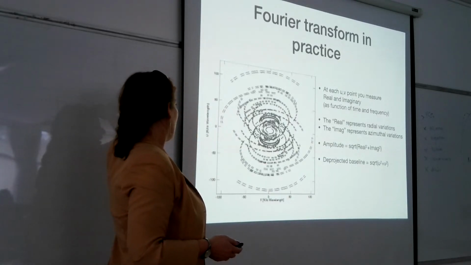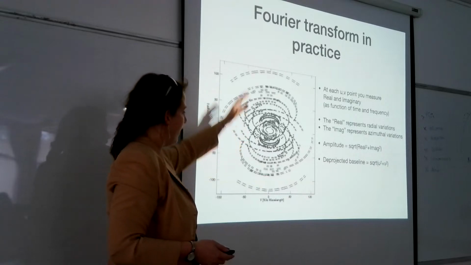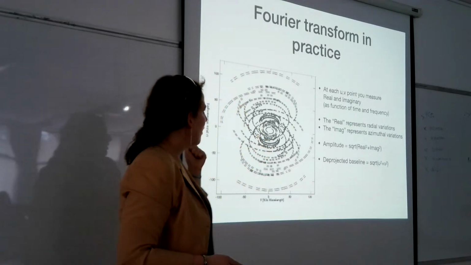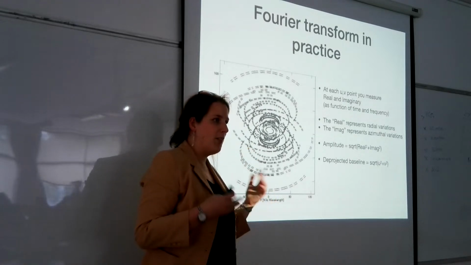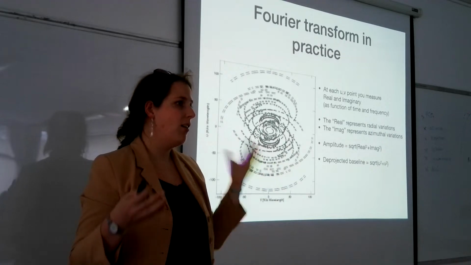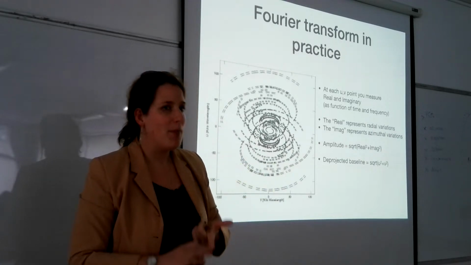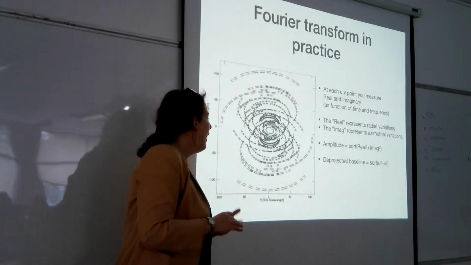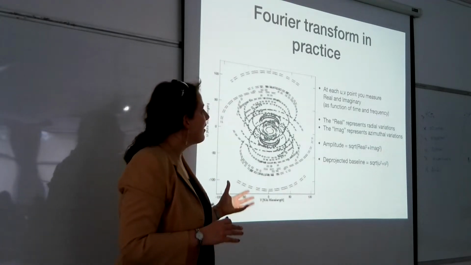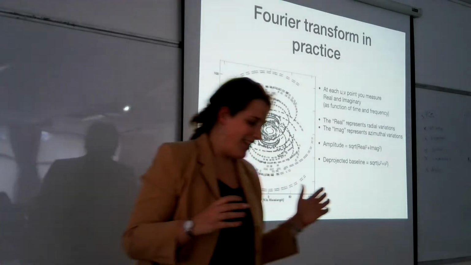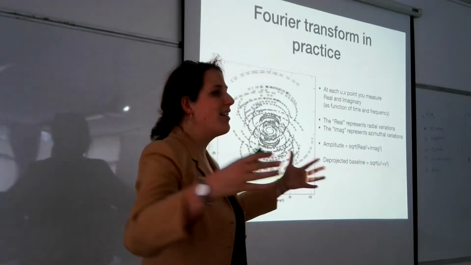Okay, then in each position in that UV plot, as a function of time, you measure your visibility, which is a complex signal. A complex signal has a real part and an imaginary part. You may have heard of this with complex dynamics. What's important there is that the real part represents radial variations.